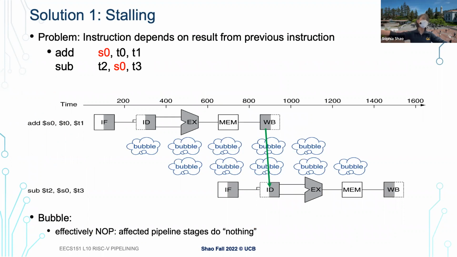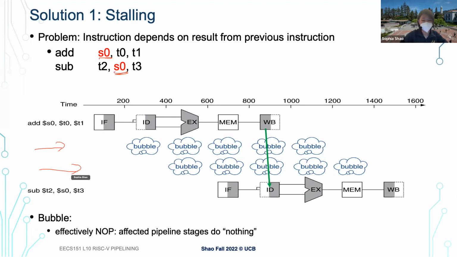Before we talk about forwarding, one thing is that basic things always work in architecture. Without fancy things, we can always stall. That's basically the principle: if there are no resources and I don't want any fancy logic, we can just always stall. Instead of processing every instruction, because I'm using the previous data, I just add bubbles to my pipeline.